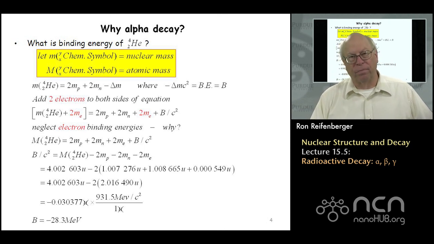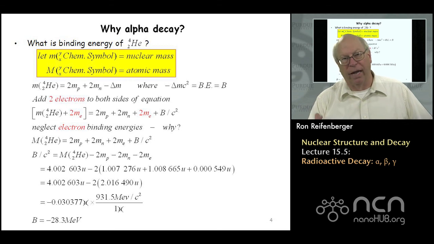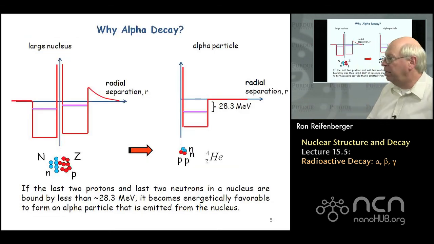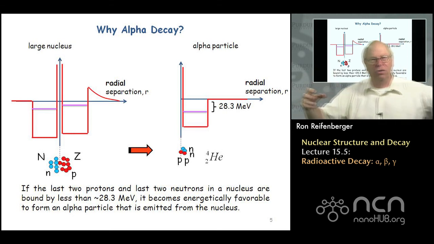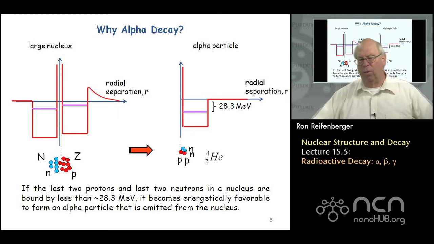And so the question is, what does that number mean? It's important for you to have a physical understanding of that number. What that number means is that if you produce a helium nucleus, these nucleons are bound by 28.3 million electron volts compared to the situation when those nucleons are all far from one another.